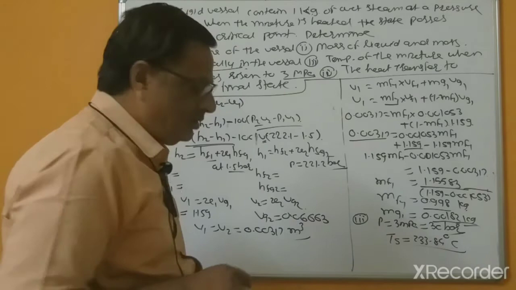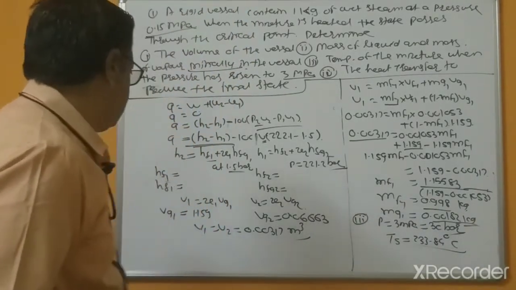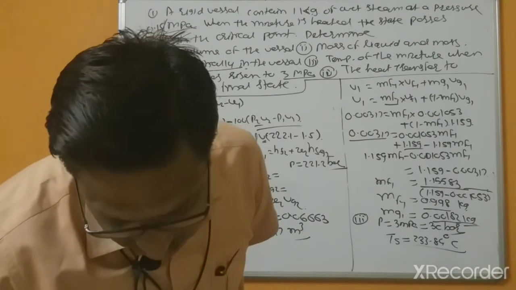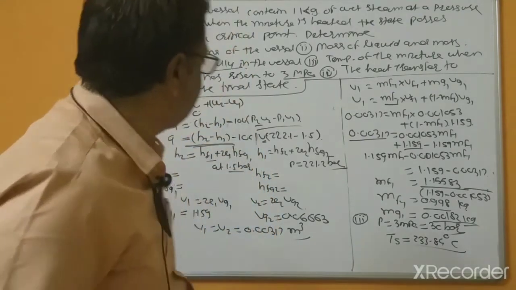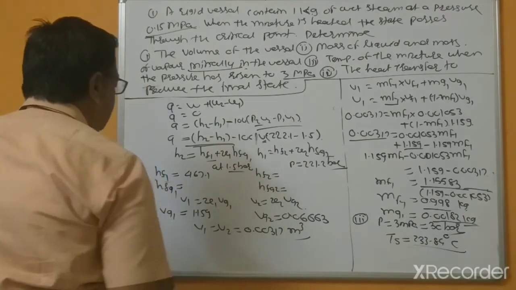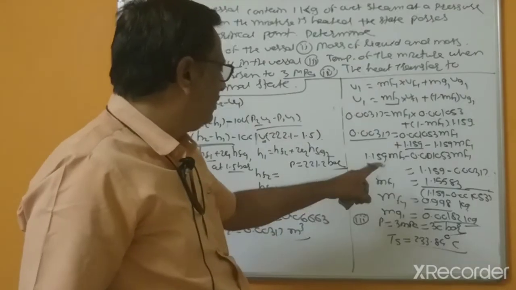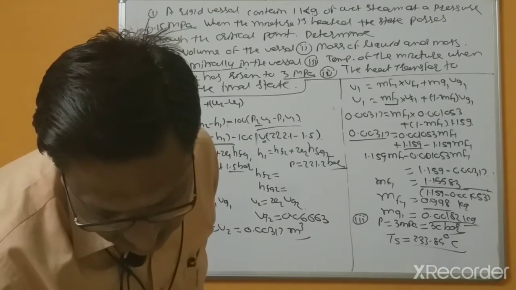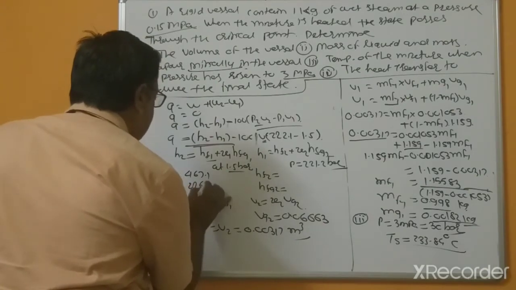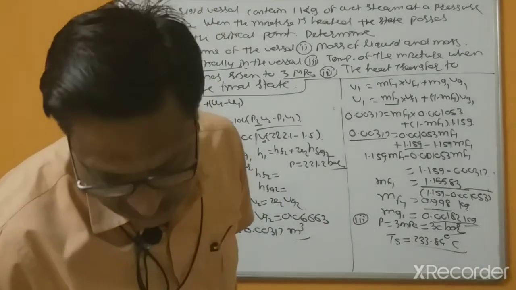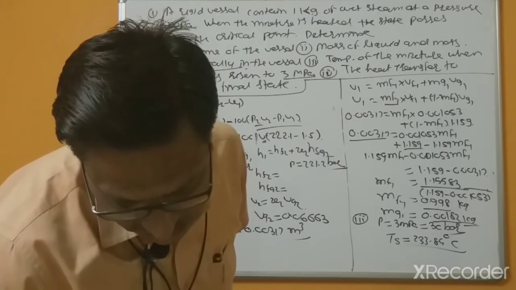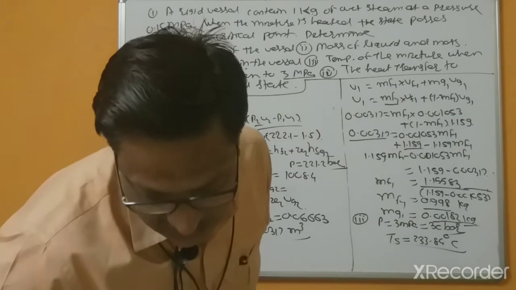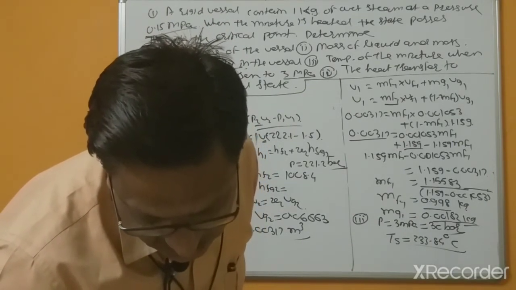Now we require Hf1, Hfg1. This is 467.1 Hf1, Hfg1 is 2269.2, Hf2 is 1008.4 and Hfg2.